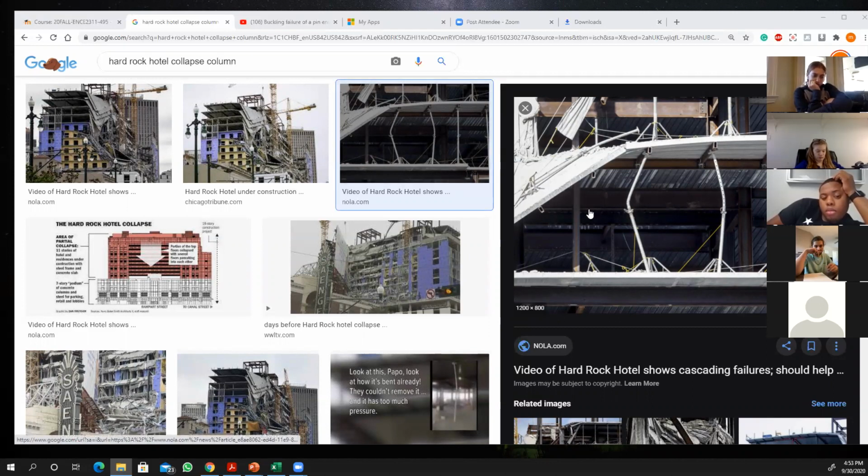Let's say this section was for the rooms, you have 140 or 200 pounds per square foot for each room. If you multiply 200 PSF by the square footage of the room, then you know how much load is applied.